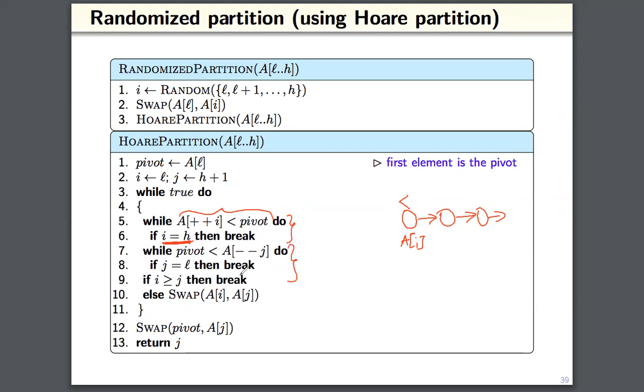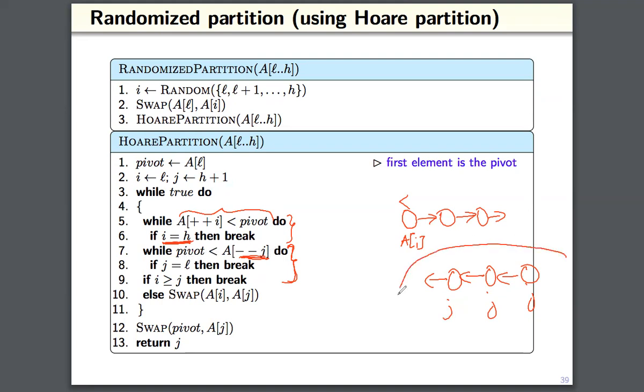So what happens here? While pivot is less than A of minus minus J, that means keep decrementing J when you see that pivot is less than A of J, or A of J is greater than pivot. So this is I, right? For J, you keep decrementing J when you see that A of J is greater than pivot.